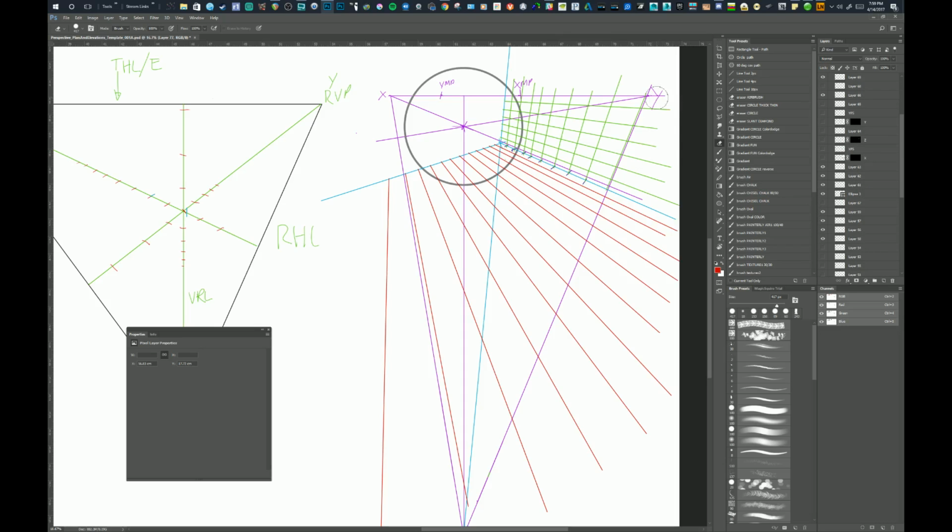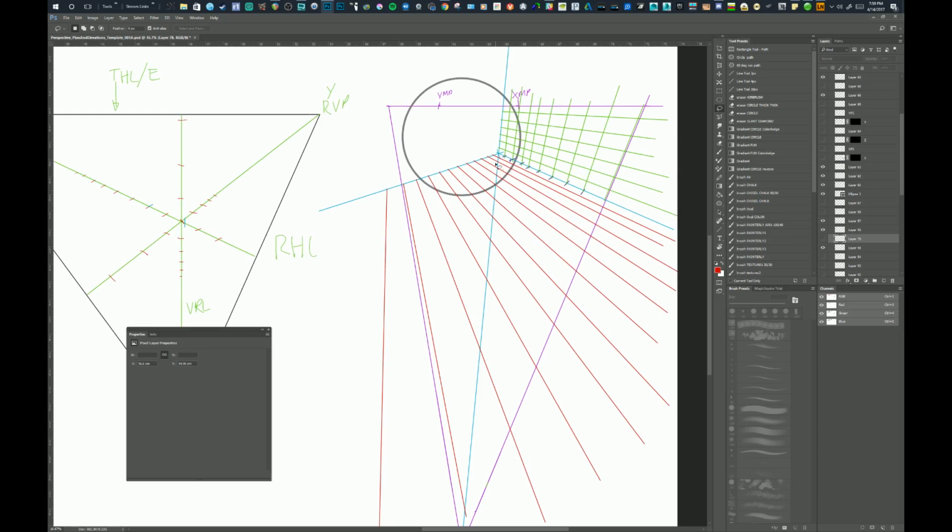So even if I got rid of that, I still have my cone of vision. I know how big my cone of vision is. I still foreshortened using my station points. So now if I get rid of all these things, I still know that all that other stuff still exists in proper perspective.